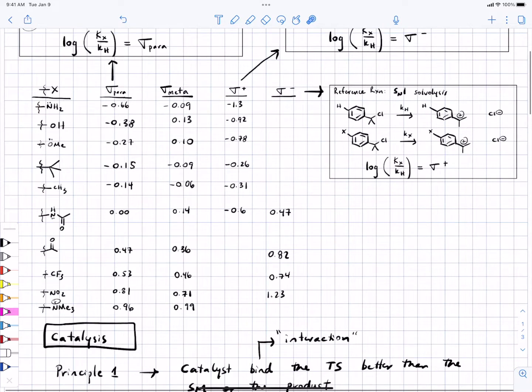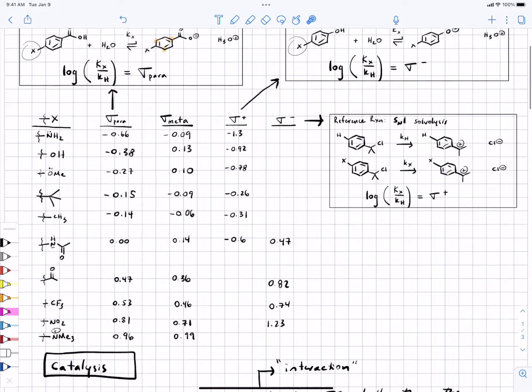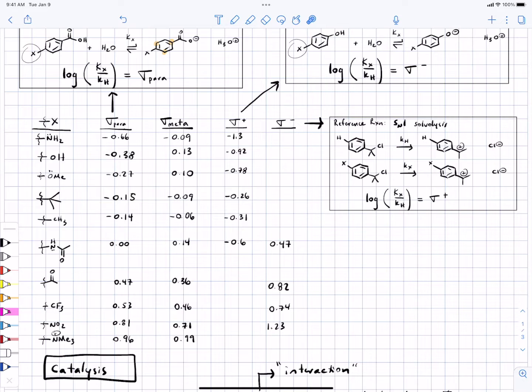That's presumably because nitro is a withdrawer via resonance, but it's also a withdrawer via an inductive effect.